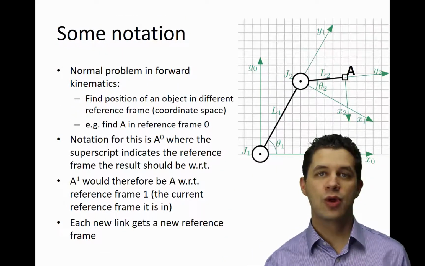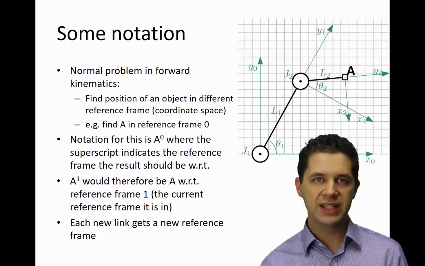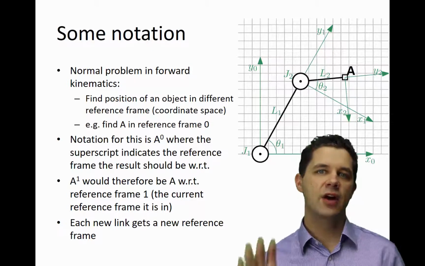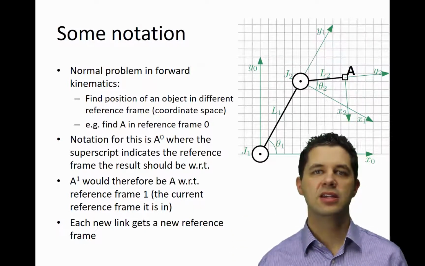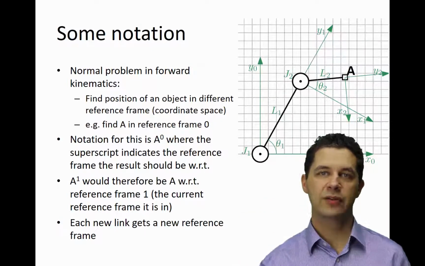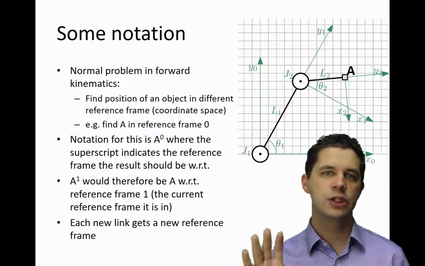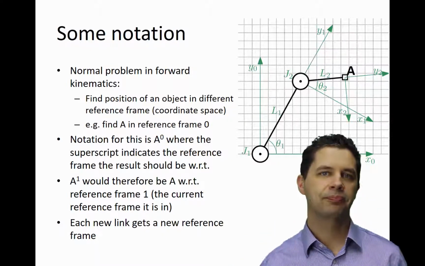Before we actually go through how we actually do it, let's go through some basic notation first. So what we're typically trying to do in forward kinematics is find the position of an object in a different reference frame, a different coordinate space. So we're trying to transform one coordinate space to another coordinate space. For example, we want to find the object A, the position or pose of object A in our reference frame 0.